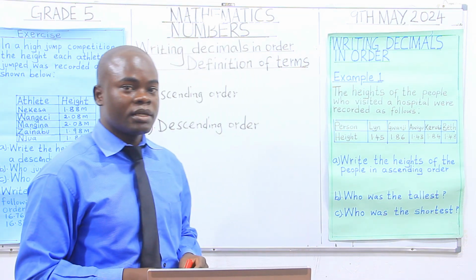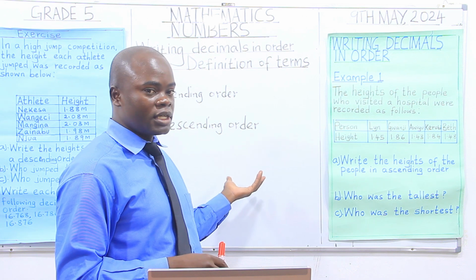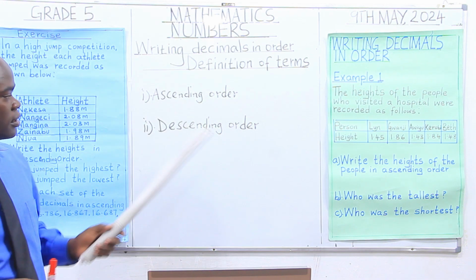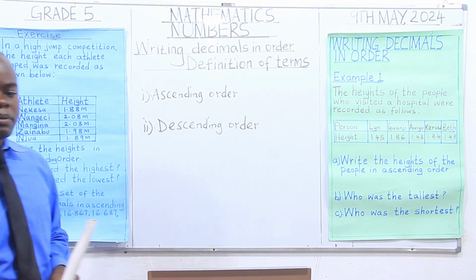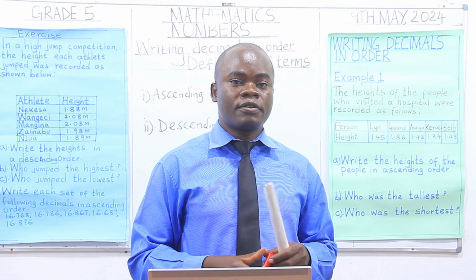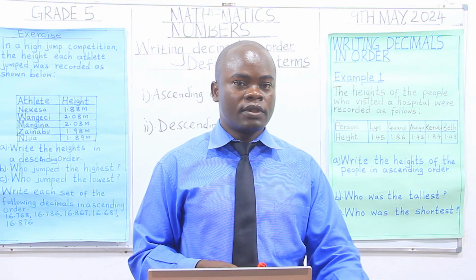We need to know the meaning of various terms that we are going to meet here. The first term being ascending order. What do you mean by the word ascending order? Ascending order means arranging from the smallest to the largest.